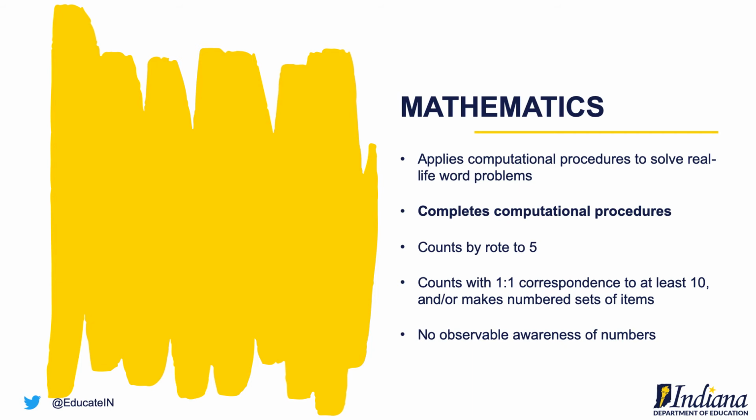Only 10% of students were able to apply computational procedures to solve problems. The ability to solve mathematical problems at this level may be an indicator that the student does not have a significant intellectual disability and should be considered during the case conference committee meeting.